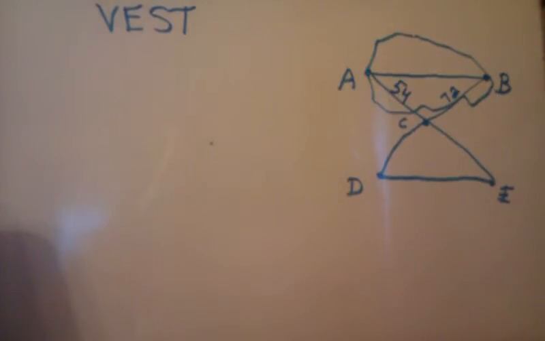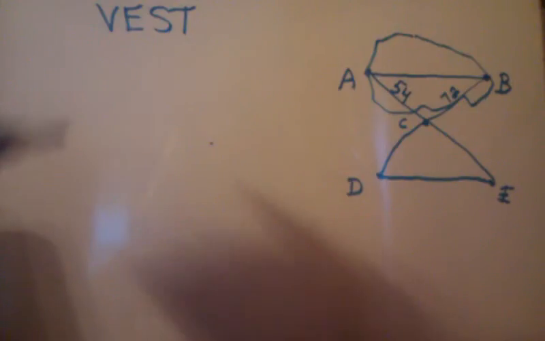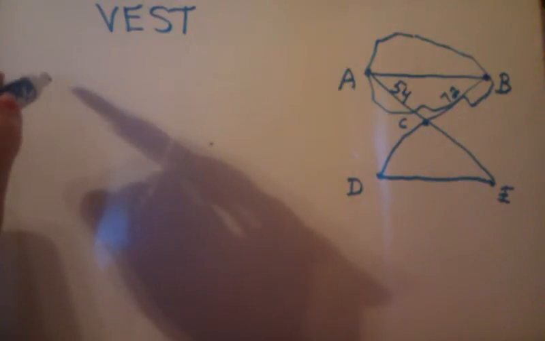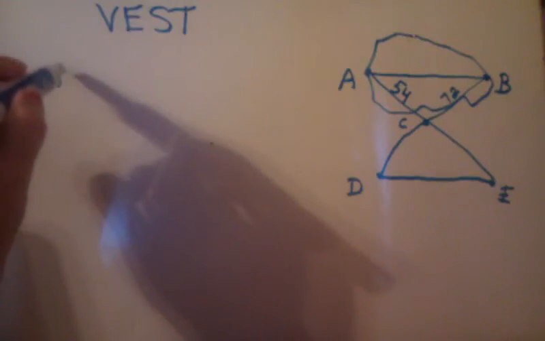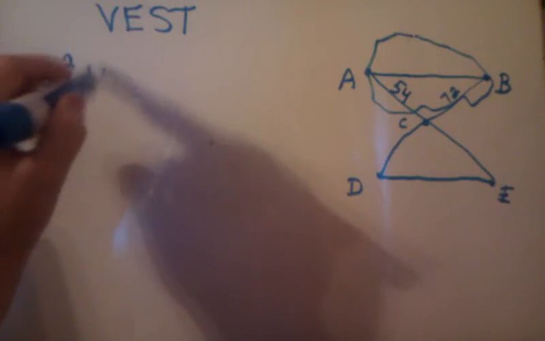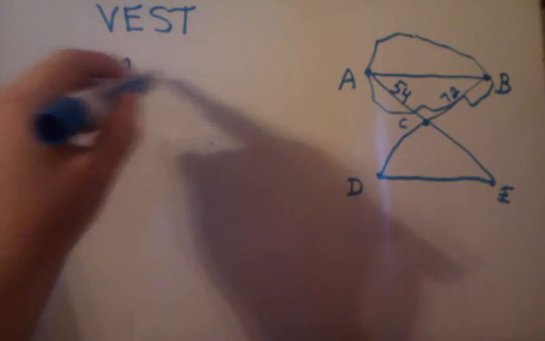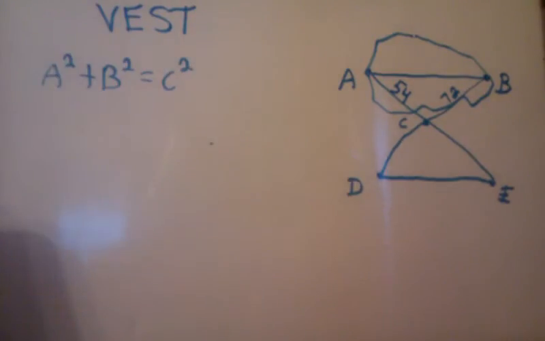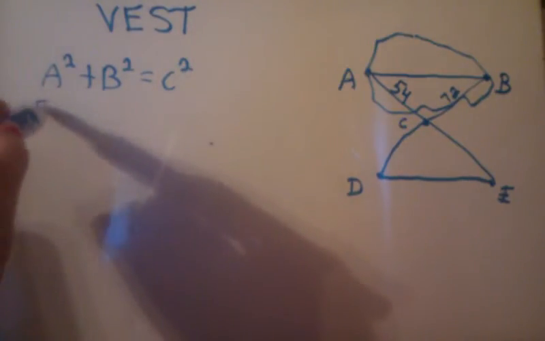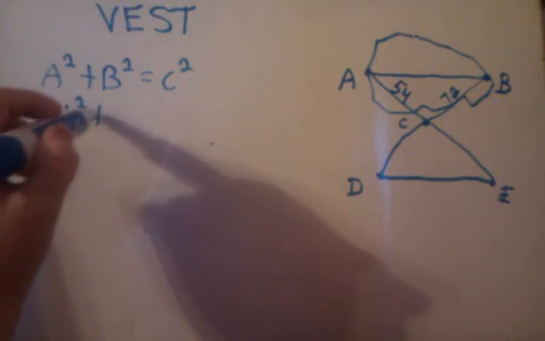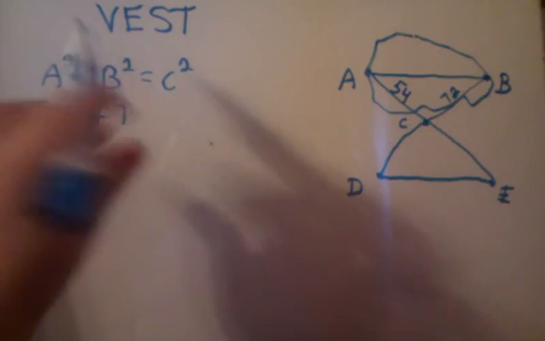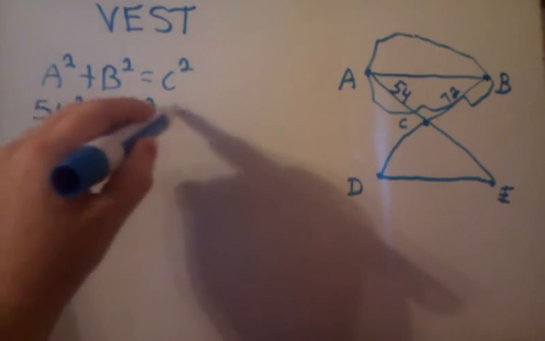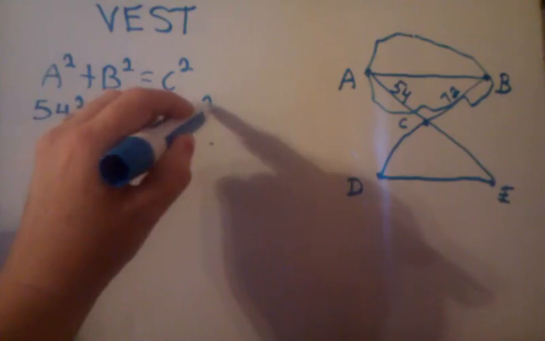And of course he knows his formulas. He knows that for a right triangle, the formula is A squared plus B squared equals C squared. So that's what he does. He does 54 squared plus 72 squared equals C squared.